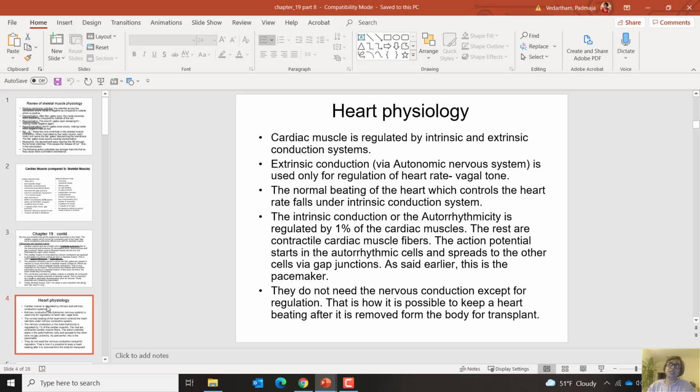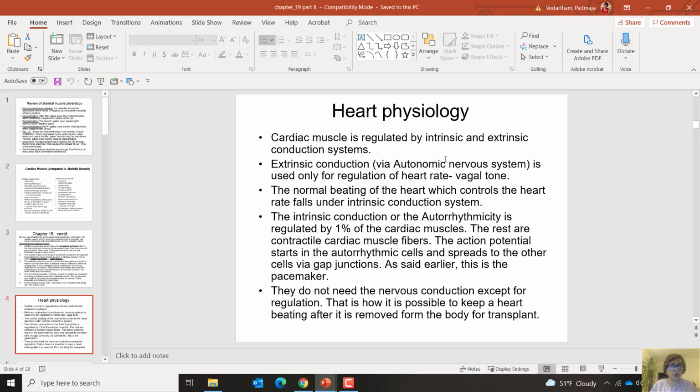That increase and decrease in the heart rate is caused by the autonomic nervous system. When sympathetic is turned on, the heartbeat increases. When parasympathetic is turned on, we have a slower heart rate. But the normal beat, like a constant beat, is controlled by the intrinsic conduction system.